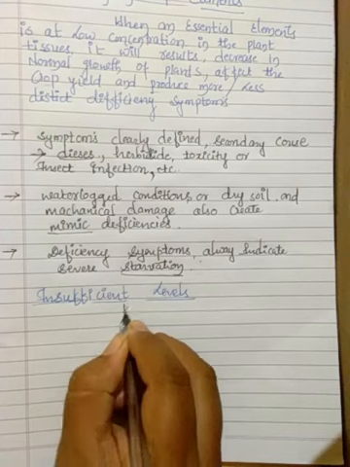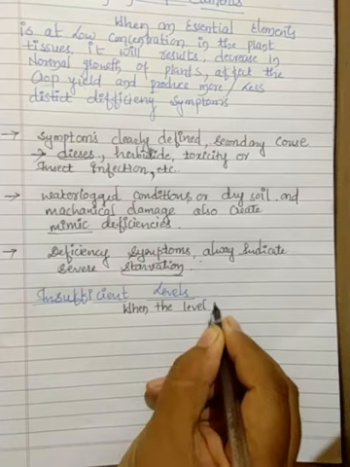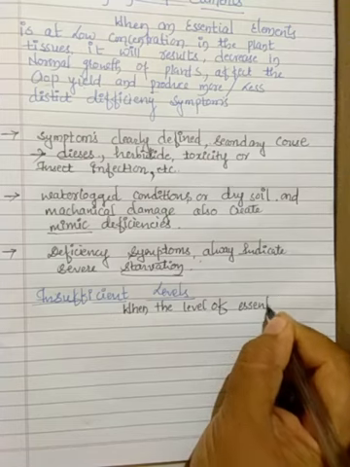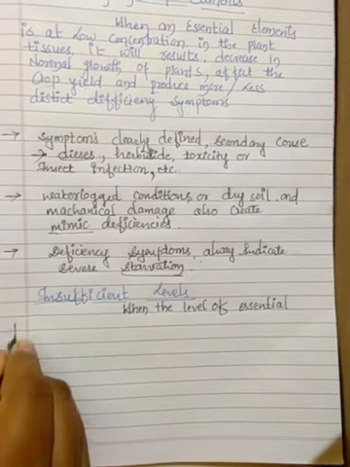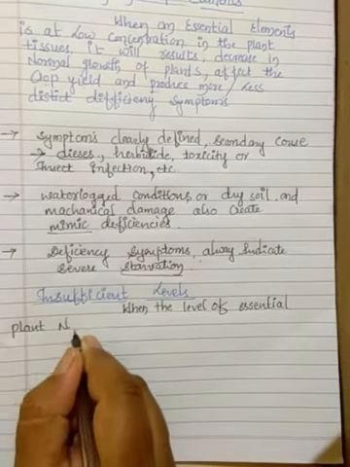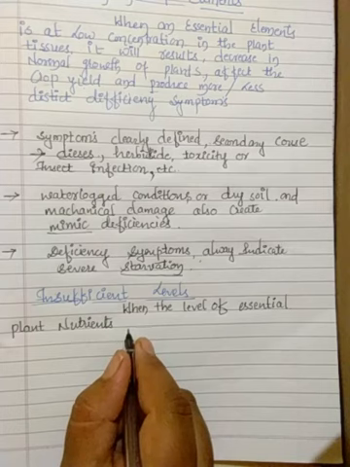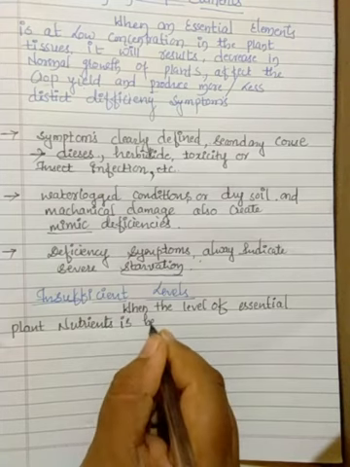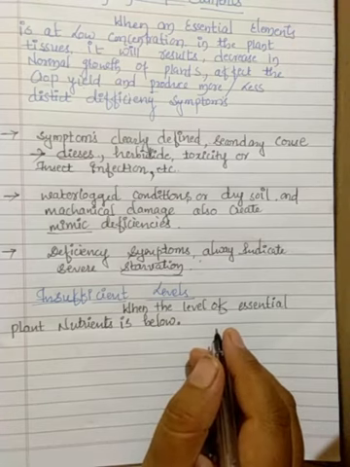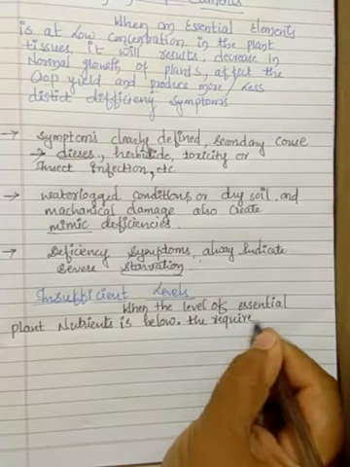When the level of essential plant nutrients is below the required amount for optimum yield.